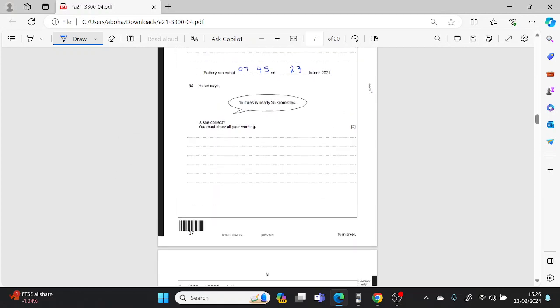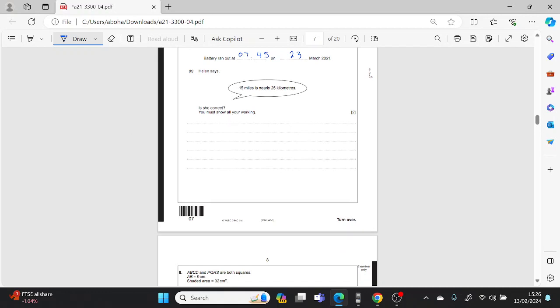And then Helen says 15 miles is nearly 25 kilometers. Is she correct? Okay, so the conversion here is that 5 miles is approximately 8 kilometers, okay? So 5 can go into 15 3 times. So 8 times 3 is equal to 24 kilometers.